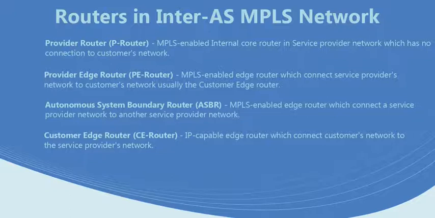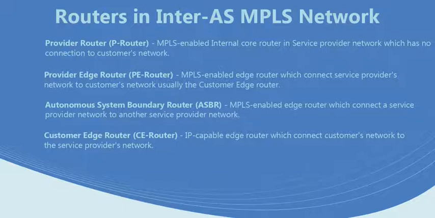There is also another router which is actually the one that defines your network to be an Inter-AS MPLS network. And this router is the Autonomous System Boundary Router, otherwise called the ASBR.